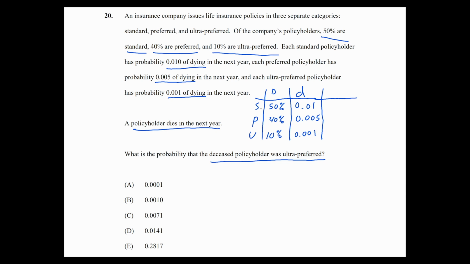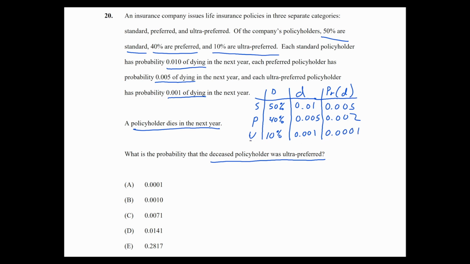Okay, now we know someone died. So out of these people, who actually died, right? So probability of death, and that's going to be basically 50% times 0.01, which is going to be 0.005. 40% times 0.005 is 0.002. 10% times 0.001 is 0.0001.